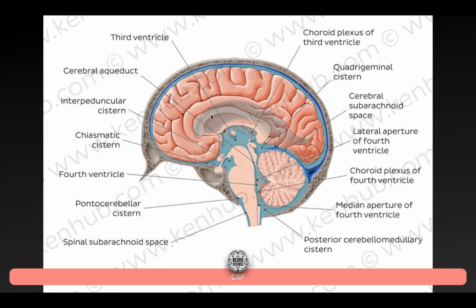This is superimposing because remember, this is a mid-sagittal section, so we actually have just hidden away here laterally the lateral ventricle. So our quadrigeminal cistern will communicate via the ambient cistern to this region, the interpeduncular cistern. And then we have our suprasellar cistern, and this communicates up via these tiny arachnoid granulations into the superior sagittal sinus.